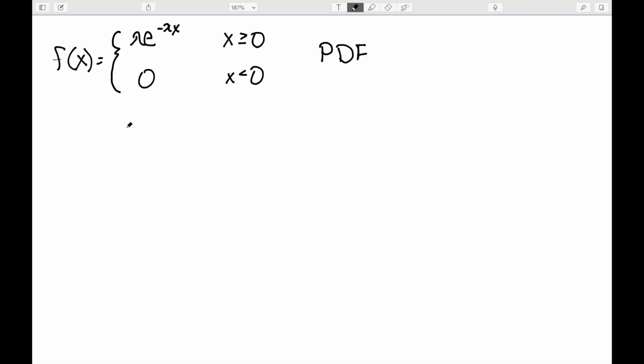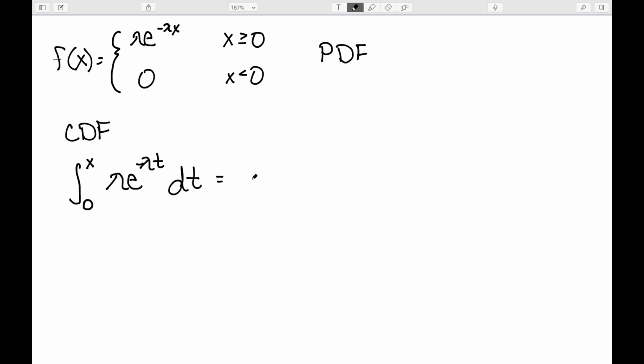Since we have the PDF of the function, let's try to find the CDF of the exponential distribution. Well, since my distribution starts at 0, I need to integrate from 0 to x of lambda e to the minus lambda t dt.